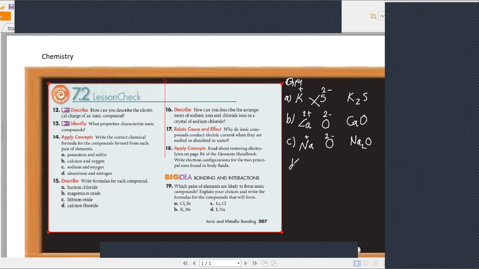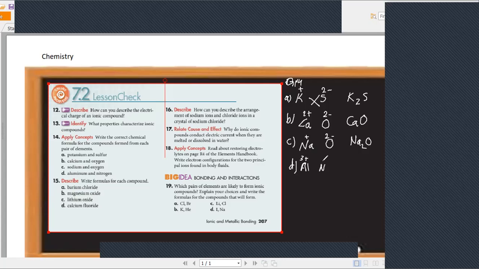D. The aluminium, teacher, can I do it? Okay. So aluminium, we know that it has 3 valence electrons because it's in group 3A, and nitrogen has 5 valence electrons. The symbol of aluminum is Al, with a charge of +3, and nitrogen with -3.